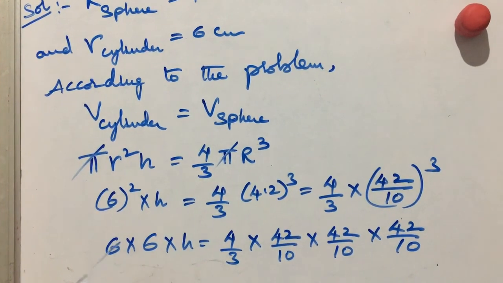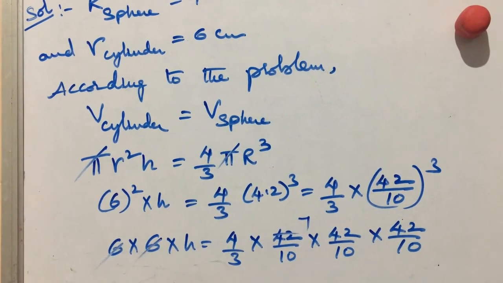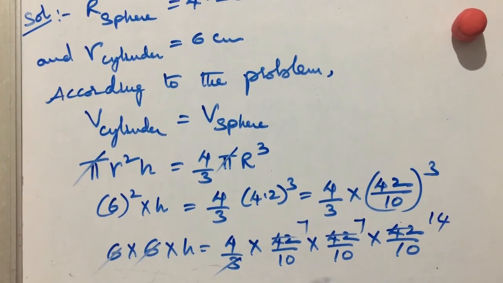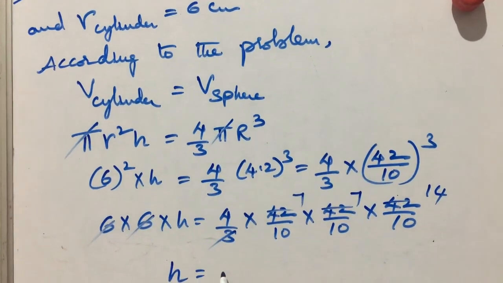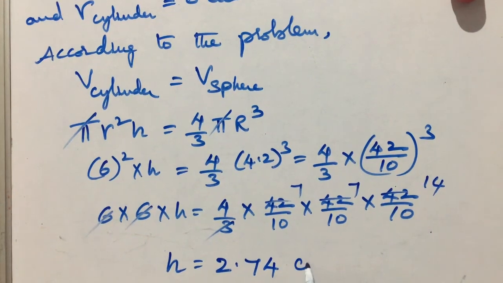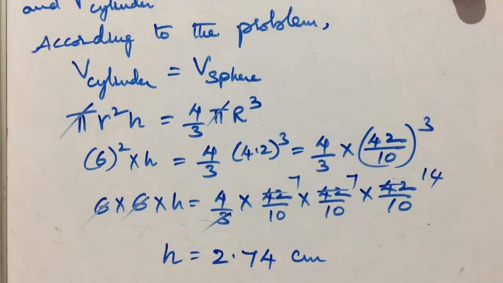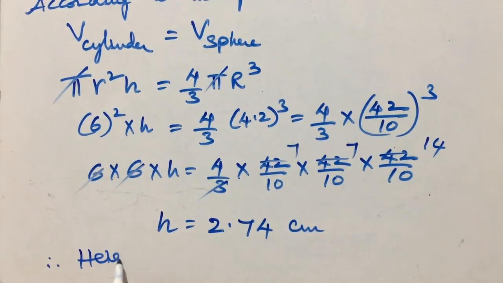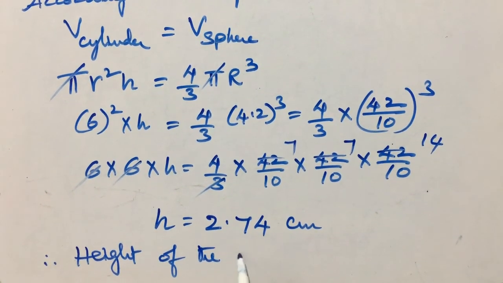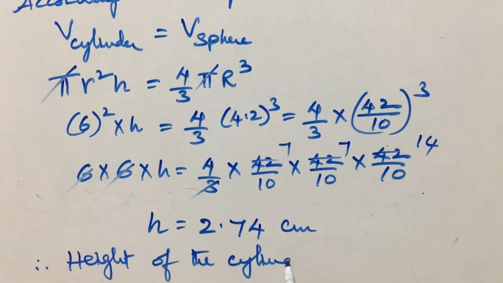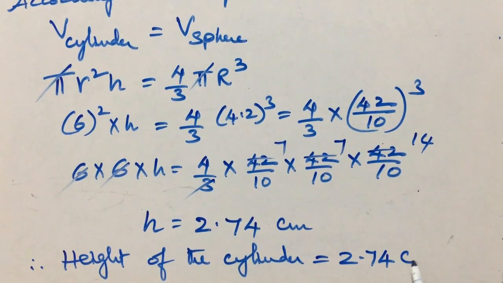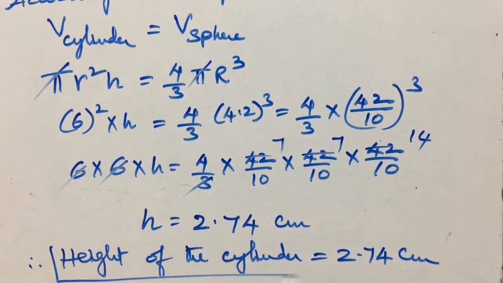Now it is very easy to cancel. 6 sevens, 3 14s. So after simplification you are going to get h is equal to 2.74 centimeters. Here h is nothing but height of the cylinder. So height of the cylinder is equal to 2.74 centimeters. Make it as a box.